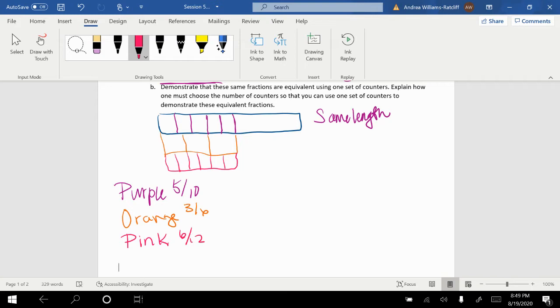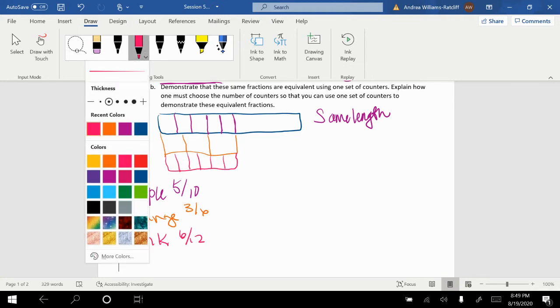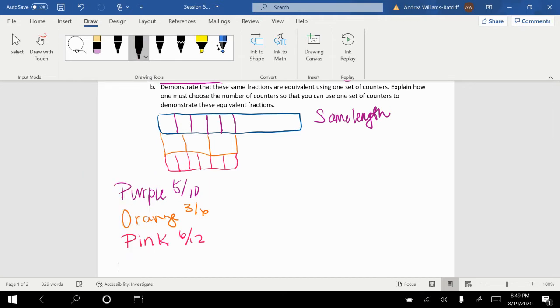Okay, so it wants to know, how can I use a set of counters to demonstrate that these fractions are equal? Now we're going to have to do that using groups. And using groups and counters is one way that we can illustrate the idea of common denominators. All of these fractions are equivalent: 5/10, 3/6, 6/12. All of them are 1/2.